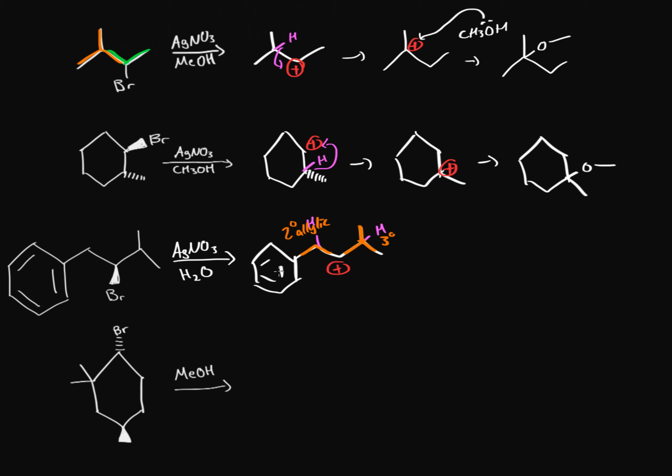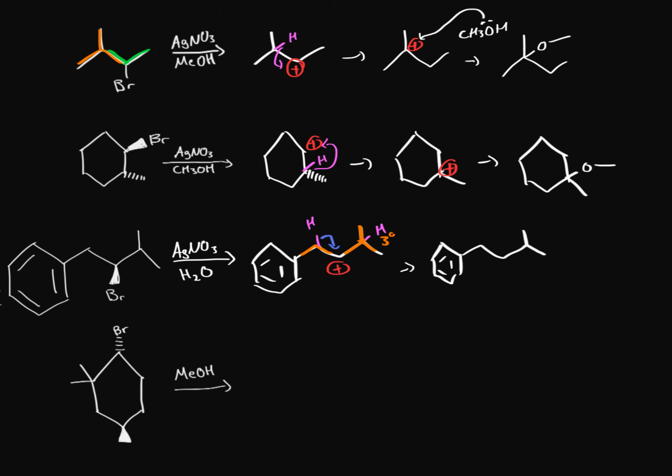Now, which is more stable, an allylic carbocation or a tertiary? Well, it's the allylic one. And so the hydrogen from the allylic one is going to move and do a hydride shift, and so we get this carbocation right here. We have our benzene ring, and we have our tertiary carbon. And my bad, that was a benzylic hydrogen, not an allylic one, but it's the same thing.